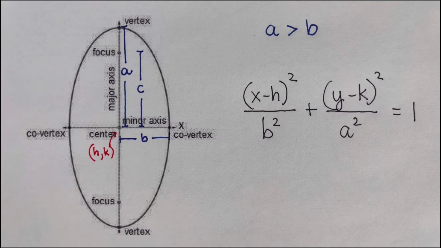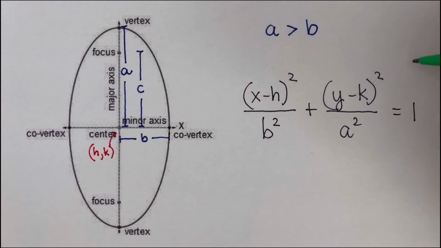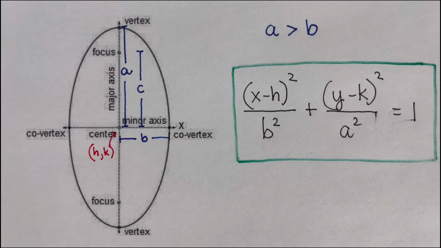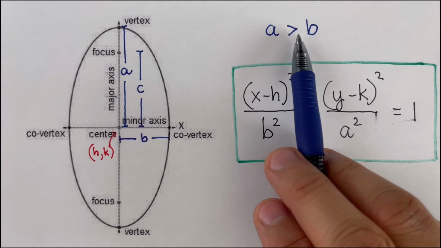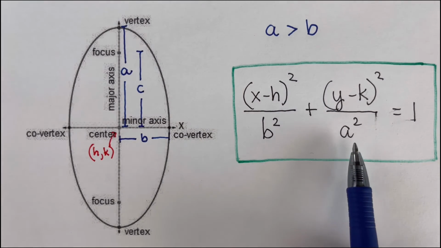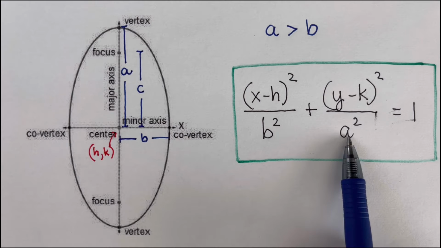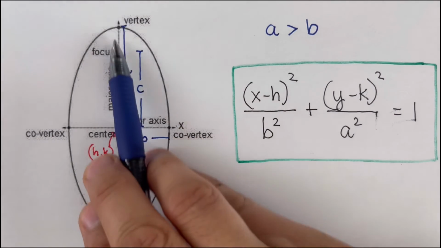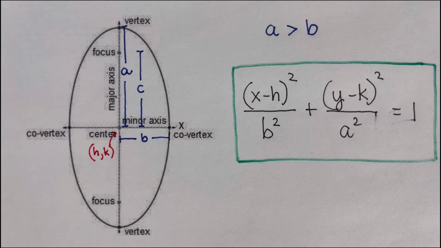And again, this is the standard equation for this second case of an ellipse, whenever the major axis is the vertical line. So notice that A is greater than B, so A is sitting in the denominator of y. That tells us that the major axis is the vertical line. Now let's take some examples.